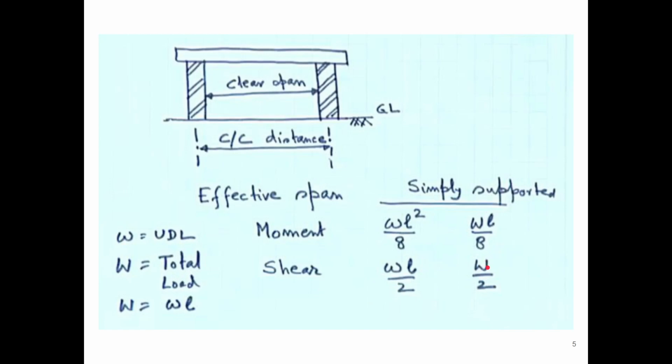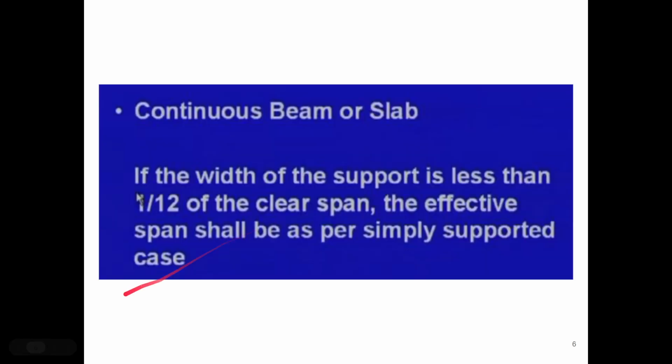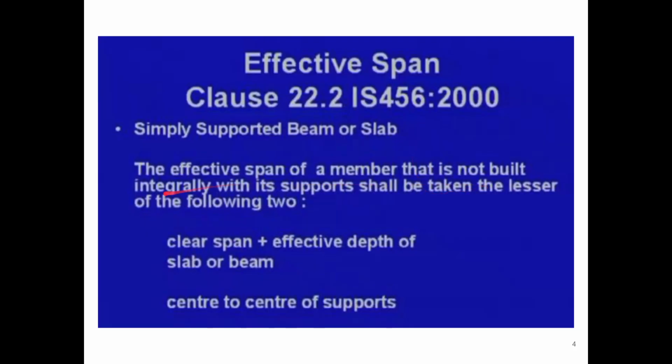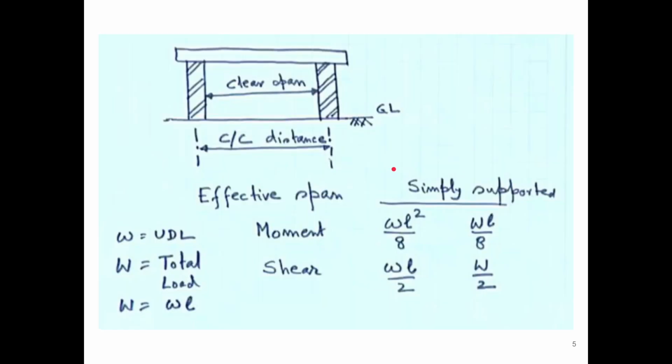Small w refers to the uniformly distributed load, and capital W refers to a point load or total load. That is the case for a single beam or slab which is not built integrally, a separate beam or slab.